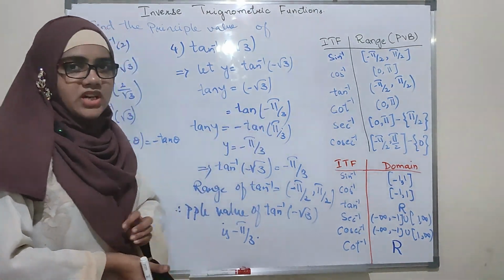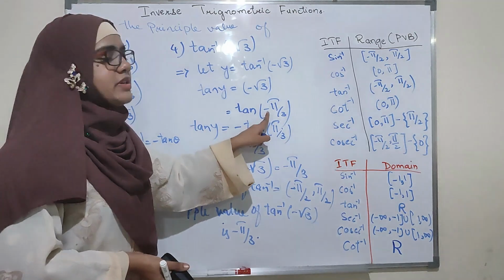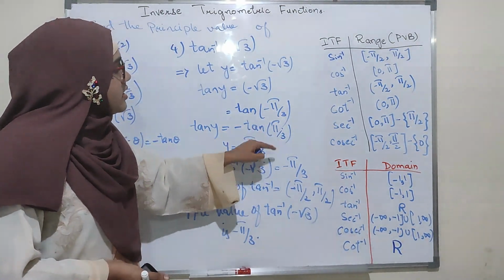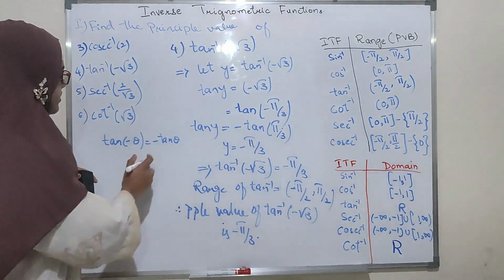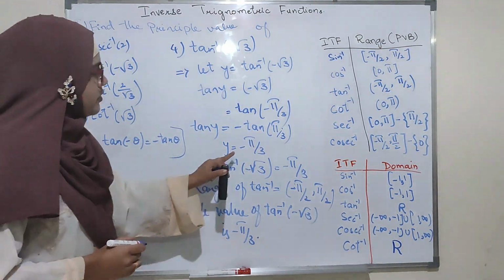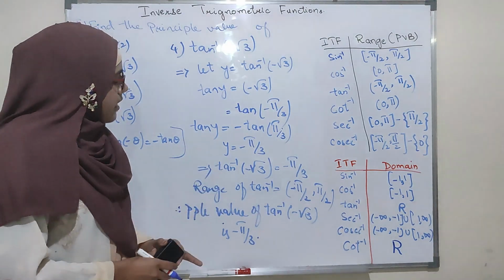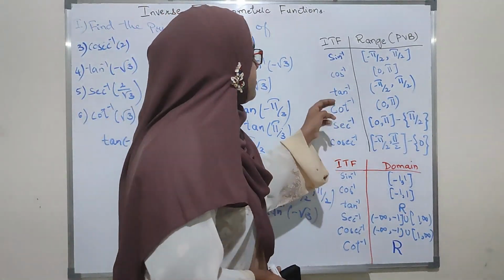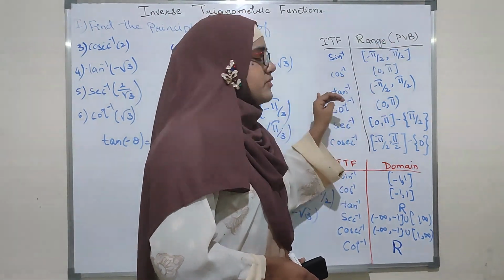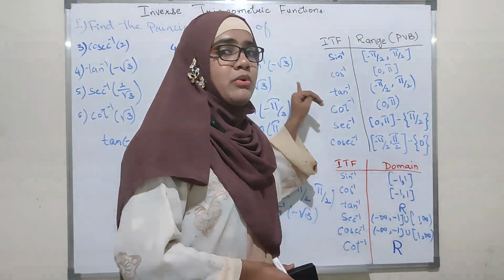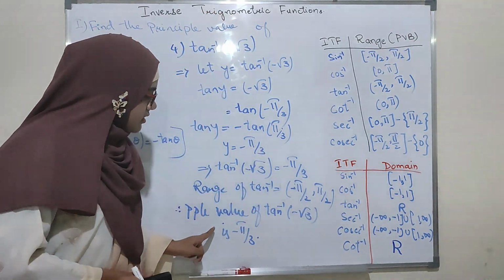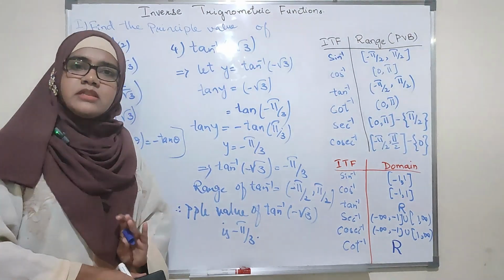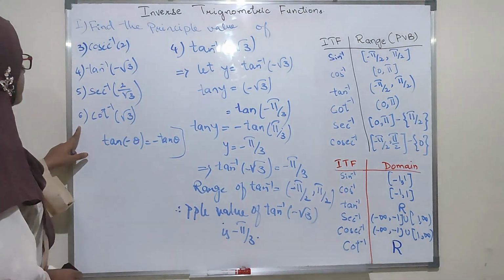So it is minus of root 3, which gives minus pi by 3. Tan of minus theta is minus tan theta, so we can easily write it. After getting this value, we have to check whether it lies in the principal value branch of the given function, tan inverse, so that tan inverse of minus root 3 is minus pi by 3. Now write down the fifth one.